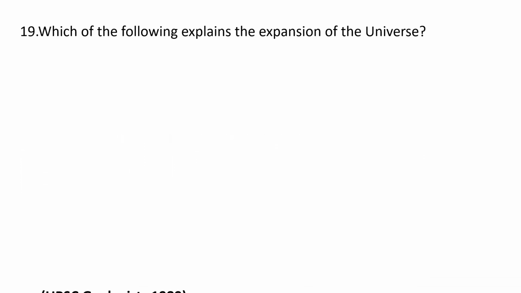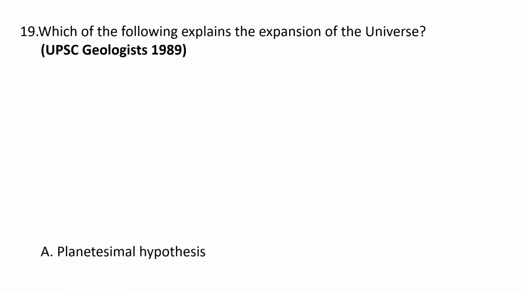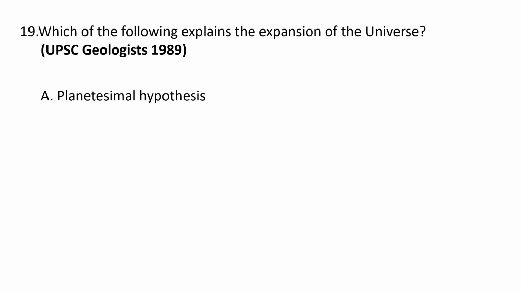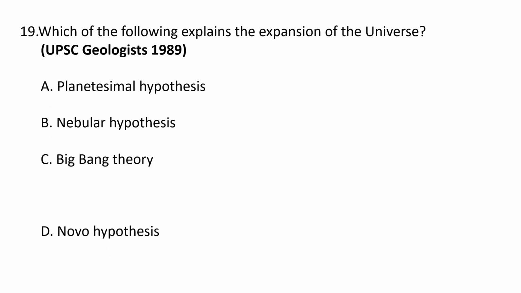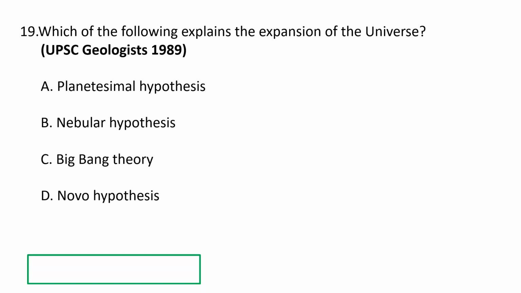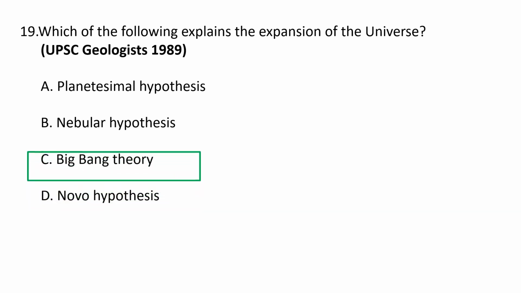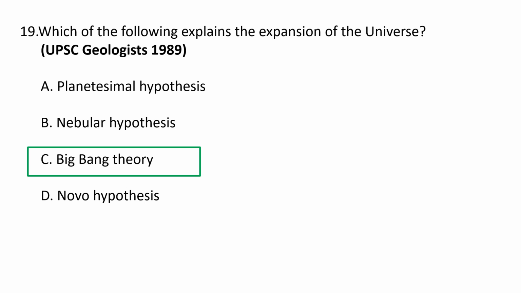Next question. Which of the following explains the expansion of the universe? This was the question asked in UPSC Geologists. Options are: A. Planetesimal hypothesis, B. Nebular hypothesis, C. Big Bang theory, D. Novo hypothesis. The theory which explains the expansion of the universe is known as the Big Bang theory. This is the leading explanation for how the universe began.